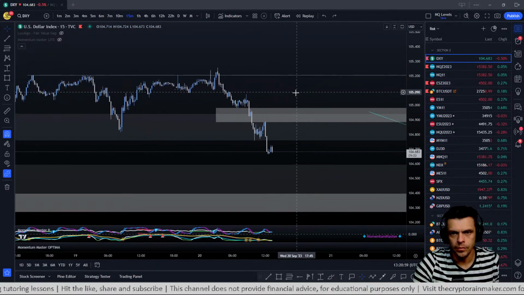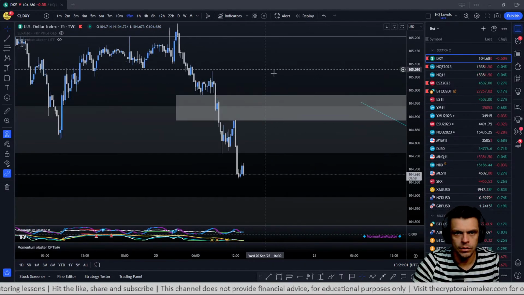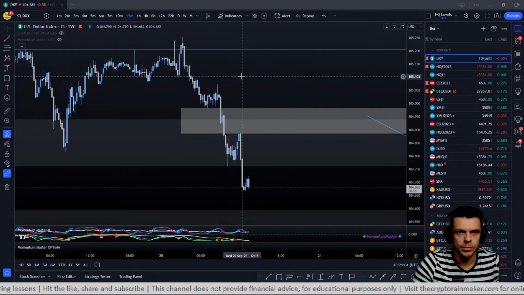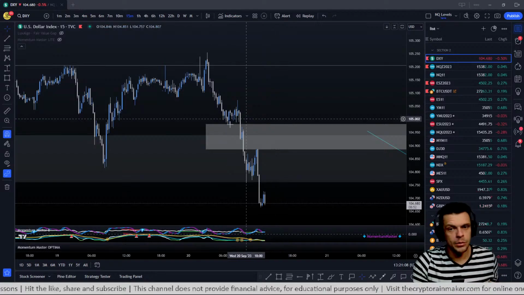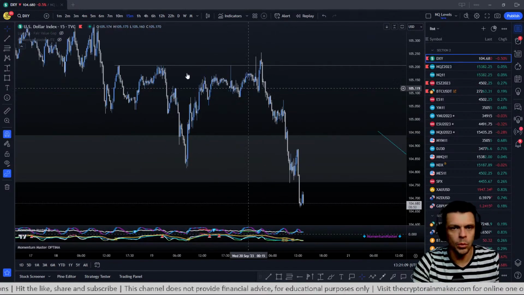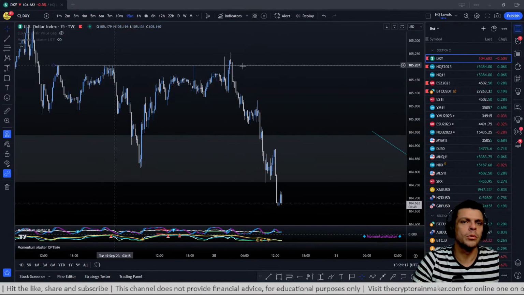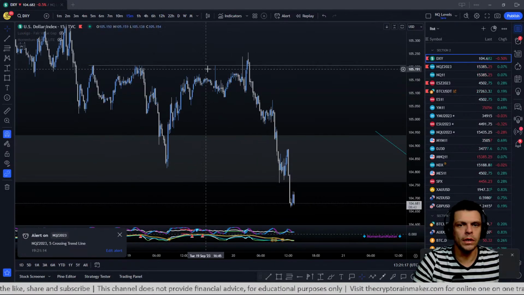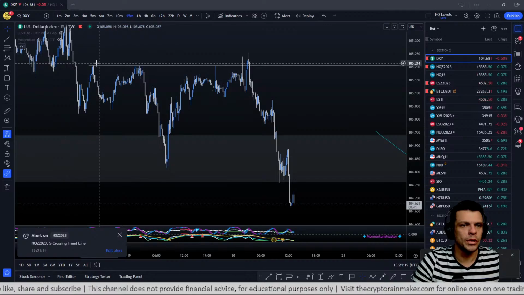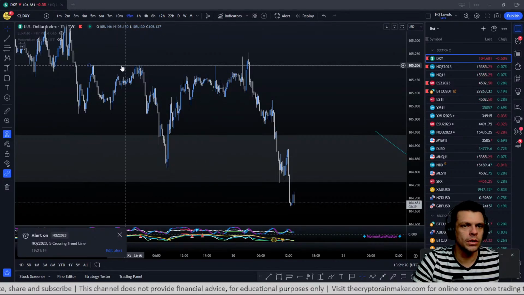Okay, so have a look at the dollar index on the lower time frames. You can see how these fair value gaps tend to play out. The important thing is to always wait for the liquidity purge first. So here you can see how equal these highs are. So retail traders would see this as resistance, right?